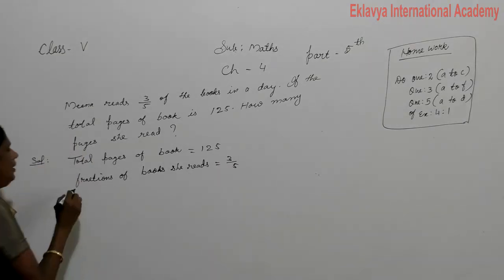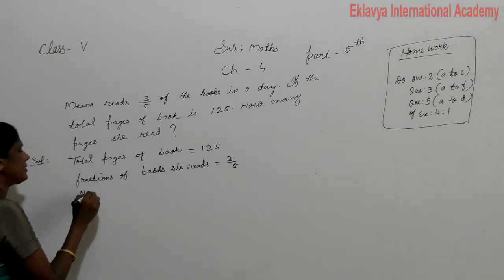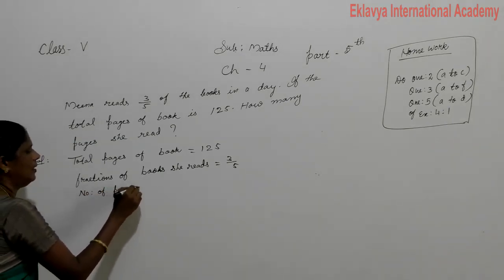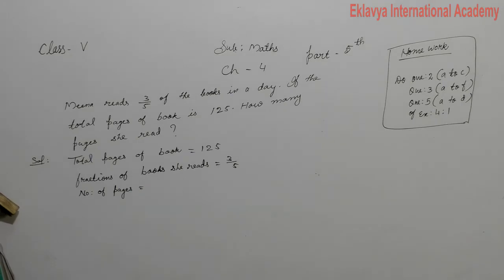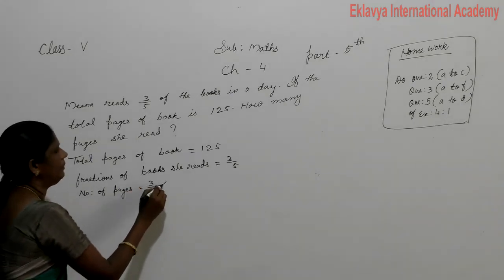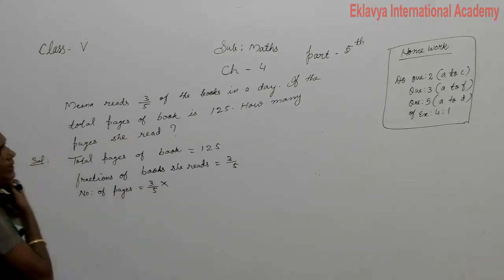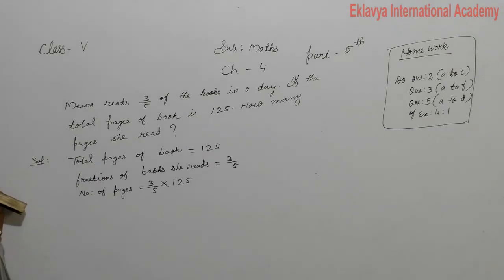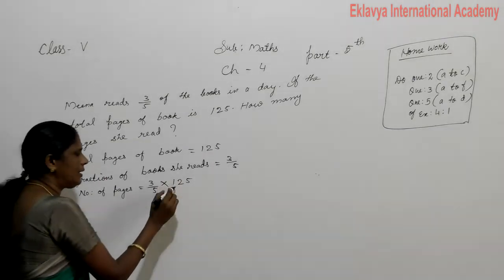Now the number of pages is equal to 3/5 multiply 125.